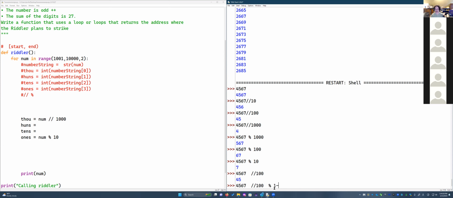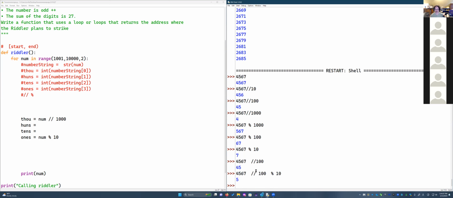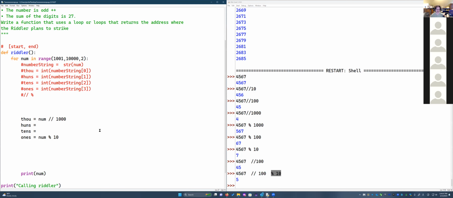This isn't necessarily intuitive, but in terms of order of operations, division, modulo and multiplication are all on the same level. So we did this to throw away the last two digits, and then we got the last digit of what was left by modding by 10. So num divided by 100, mod 10.